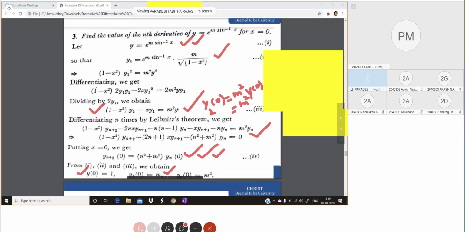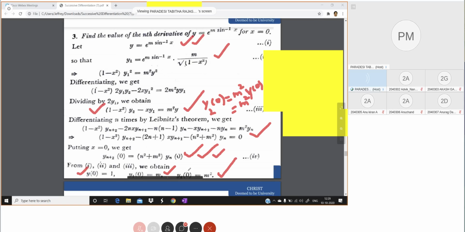Only y2 of 0. Moving to the right-hand side, wherever x is there, if you put a 0, you get m square into y of 0, because you don't know the value of y. But y of 0 you had already evaluated and said it's 1. So in place of that, if you put a 1, you get y2 of 0 to be m square.